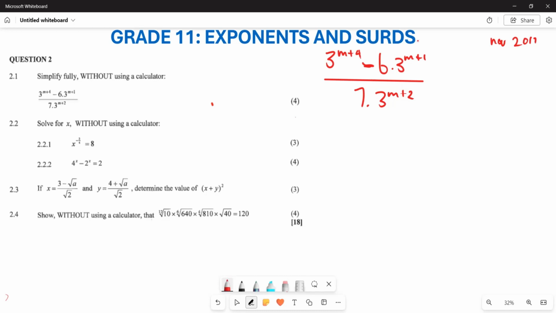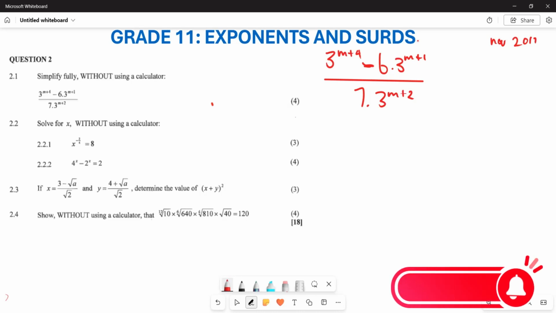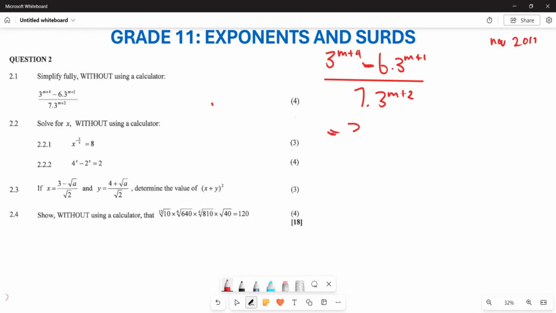So what are you going to do? You are going to start by writing all of these in factor form. This is the same as 3 to the power of m multiplied by 3 to the power of 4. Then secondly, 6 multiplied by 3 to the power of m multiplied by 3 to the power of 1, because 3 to the power of 1 is the same as 3.